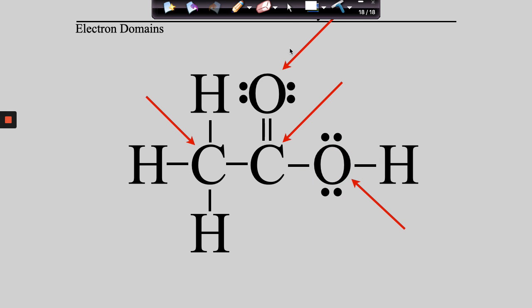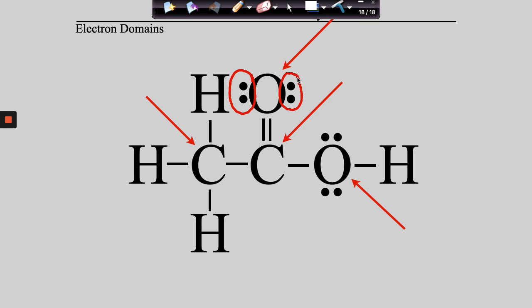The last one that I'd like to look at with you is this oxygen up here at the top. Let's pull together some of the things that we've refined looking at these other atoms, and let's ask the same question. How many domains on that oxygen? Well, let's count. So we know that an unshared, a lone pair of electrons is a domain, so that's 1.